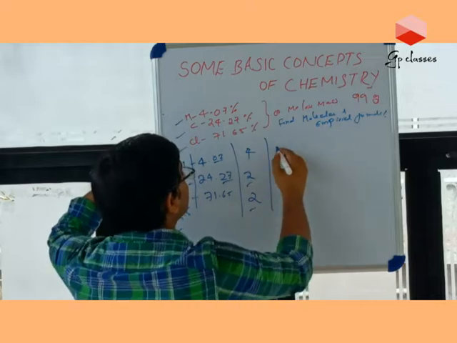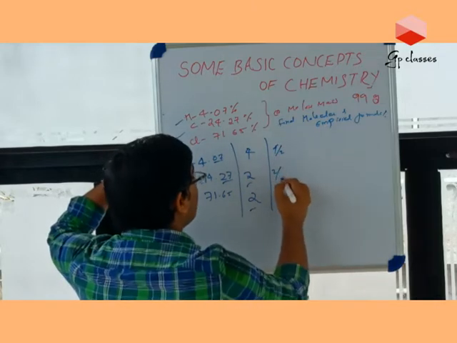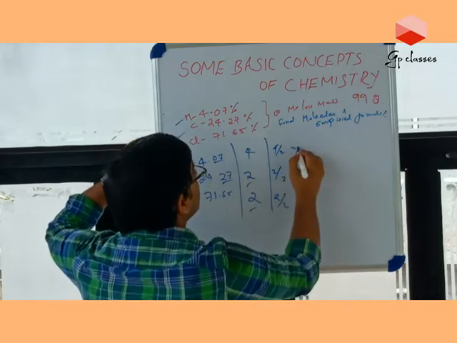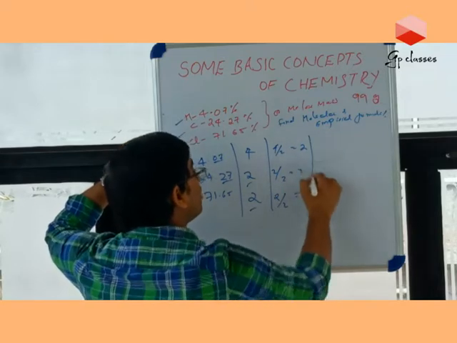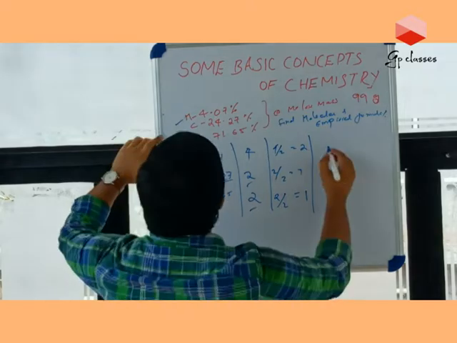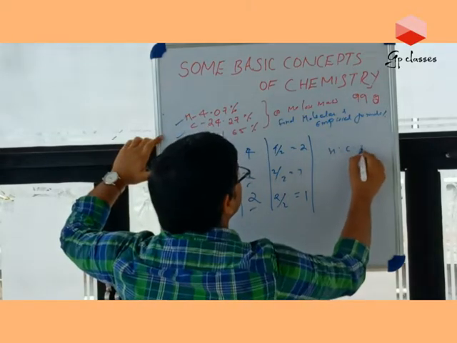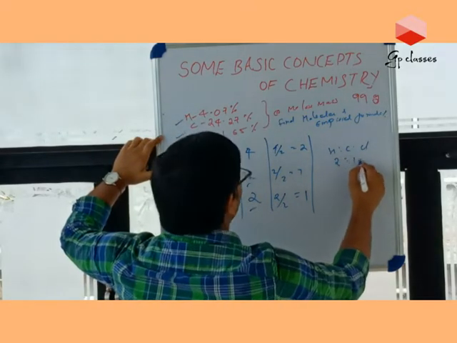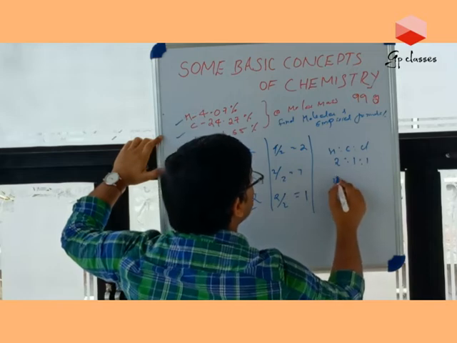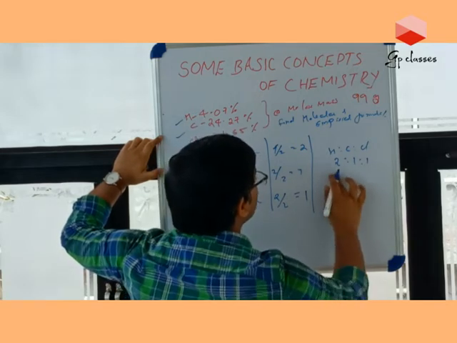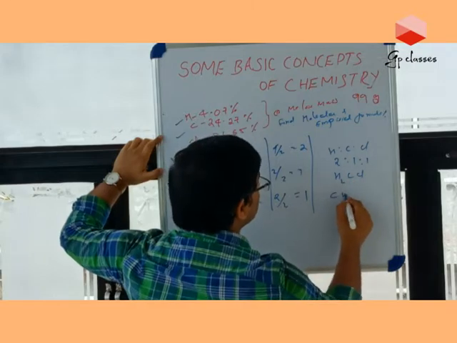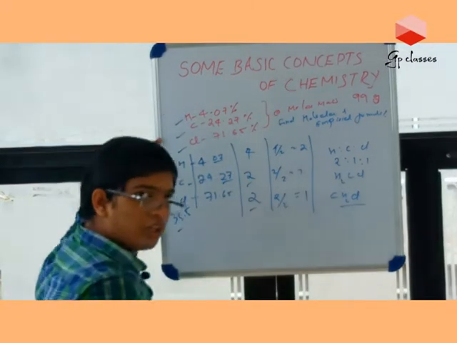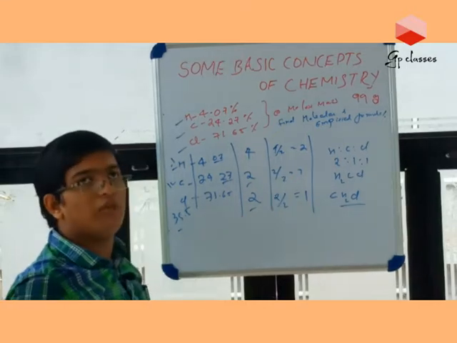So divide by 2: 4 by 2, 2 by 2, 2 by 2. Here you will get 2, here 1, here 1. So the ratio of hydrogen to carbon to chlorine is 2 is to 1 is to 1. Basically we can write it as H2CCl. I can write it CH2Cl. So this is the empirical formula.